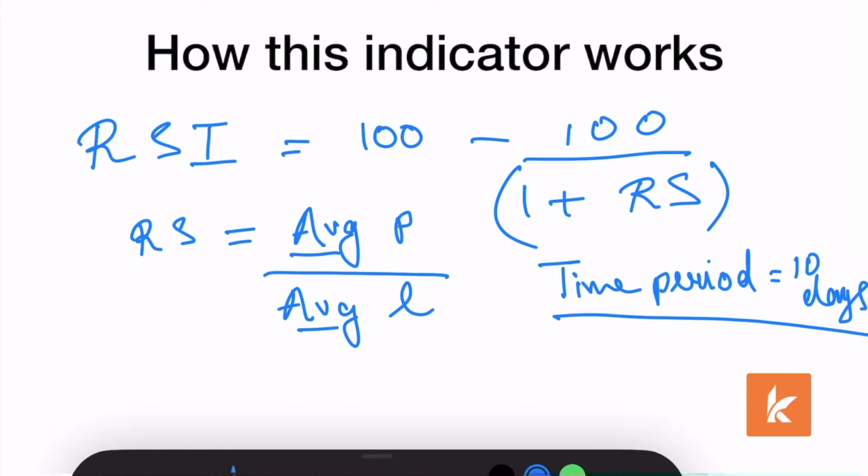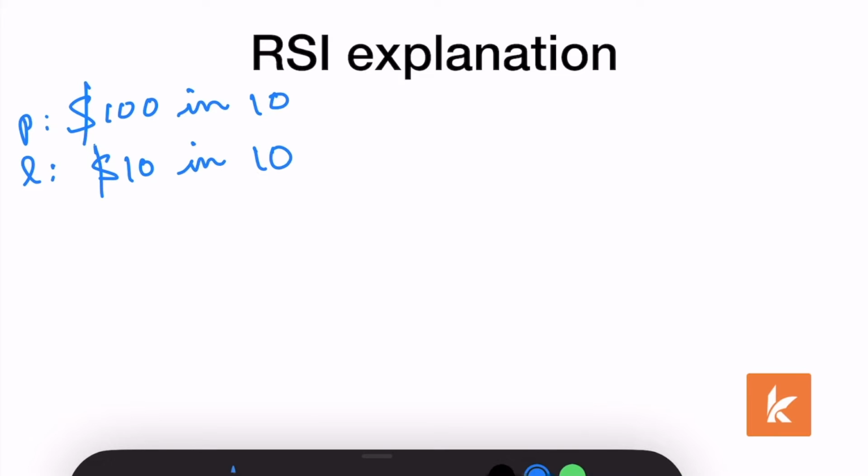Okay, so let's take an example over here. If my profit was $100 in 10 days and my loss was $10 in 10 days, my RS value would come to be 10 upon 10, that's 10, and 10 by 10 is 1.